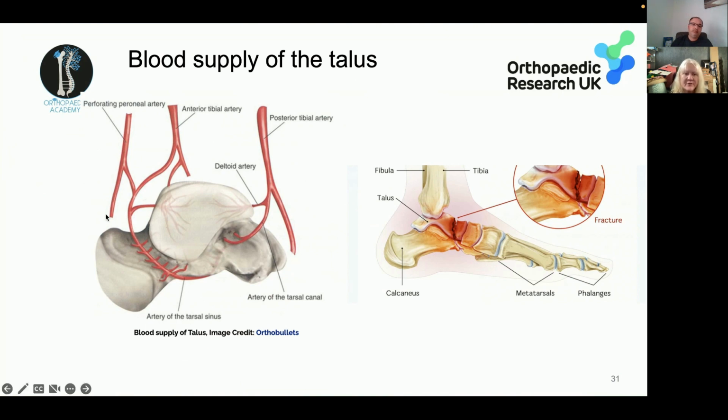So if you have a fracture through the talar neck and you take out this arterial supply, you're losing the blood supply to the anterior part of the talar dome and further down here, because the supply from your posterior tibial is only going to go so far. So the talar neck fractures are the ones that we get a little bit excited about. And here it is. Talus, tibia and fibula, calcaneus, subtalar joint, talonavicular joint here. There we go.